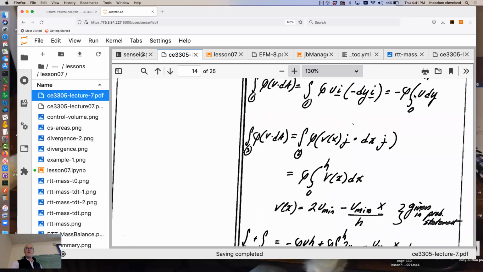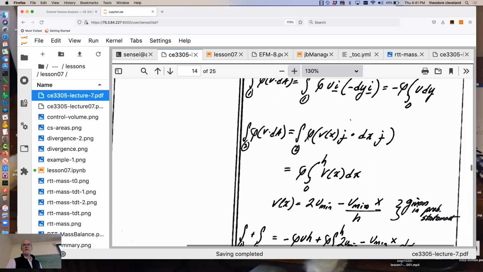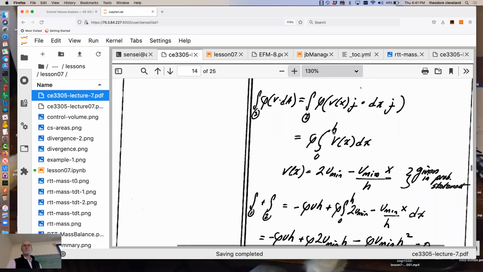And so that's minus rho integral from 0 to h of u dy, which is minus rho u y evaluated at h and 0. So it's going to be minus rho u times h. Our second one, rho v at x j times dx j, is rho integral from 0 to h of v of x dx.